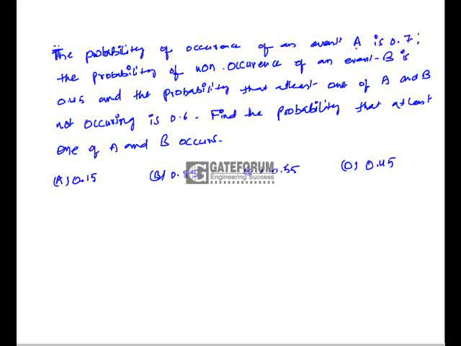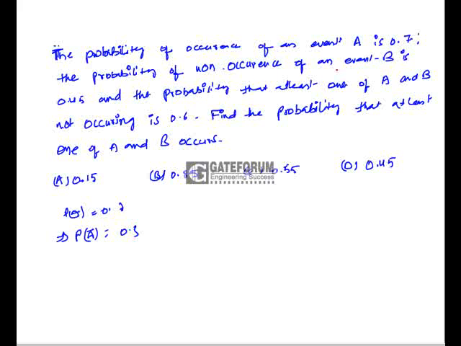Here the probability of occurrence of event A, P of A, is given as 0.7. This implies P of A bar is equal to 1 minus 0.7, that is 0.3.